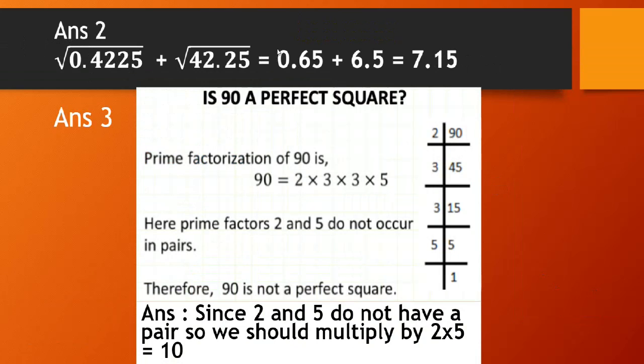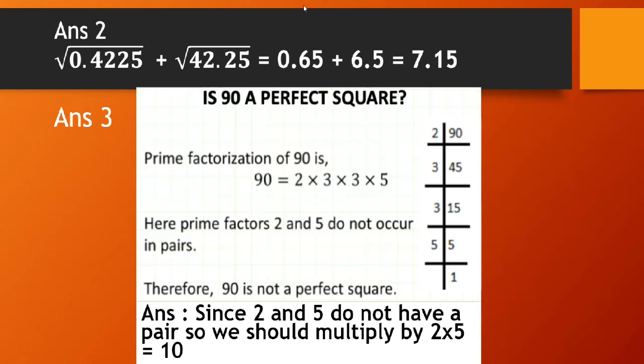Question number 2 was basically that they have given the square root of 4225, which is equal to 65, and we need to find the square roots of 0.4225 and 42.25 accordingly. It's very easy, as they have already given the square root in the question.